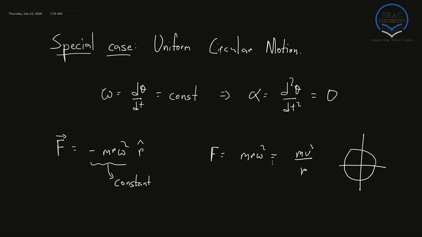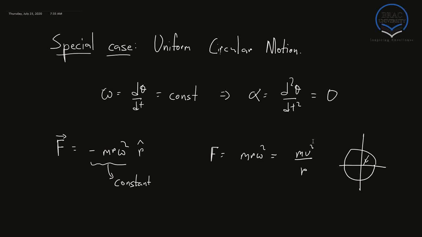If you plug in v equal to r omega, you can also write that as m v square by r. So you have this centripetal acceleration, r omega square, caused by this centripetal force, m r omega square. In order to cause a uniform circular motion, you need an inward pointing force which has constant magnitude but always points inwards. This is something you probably are used to.